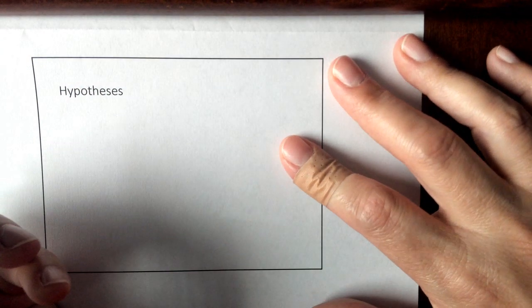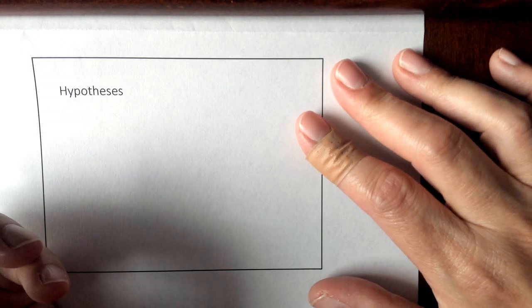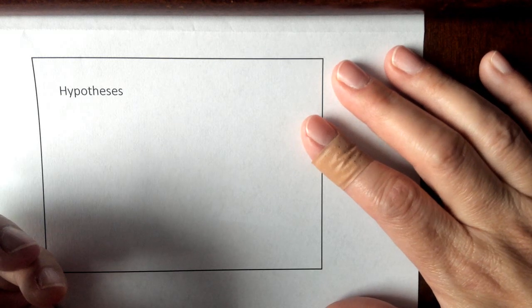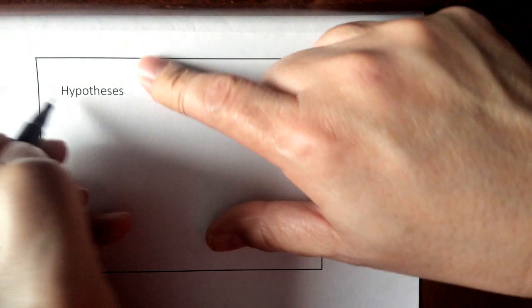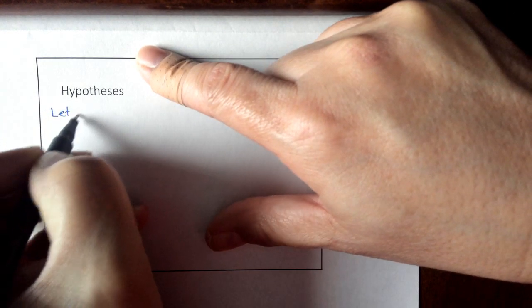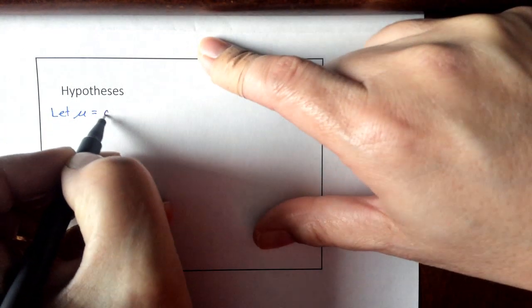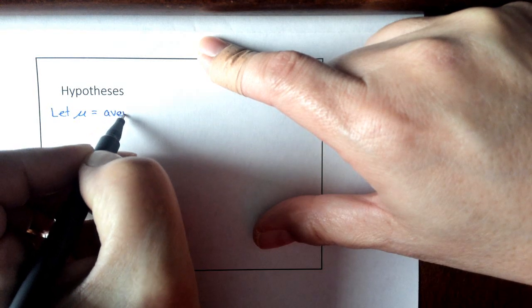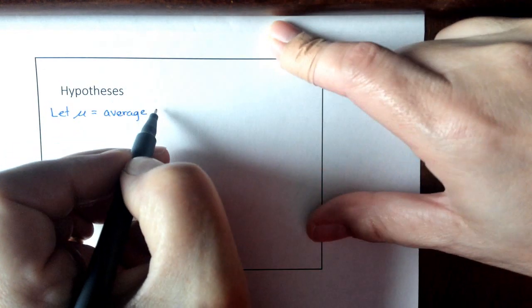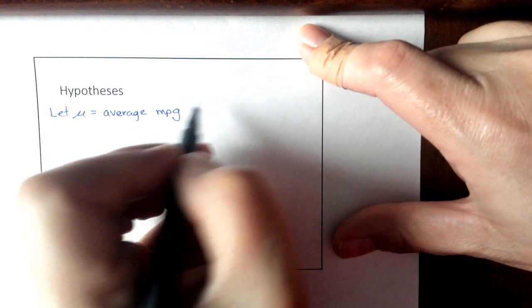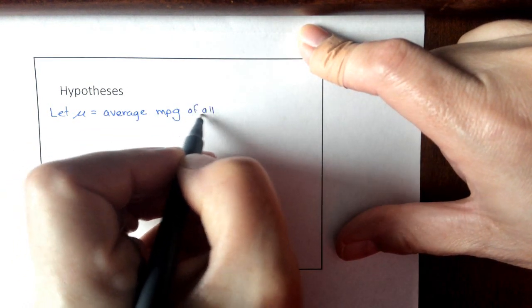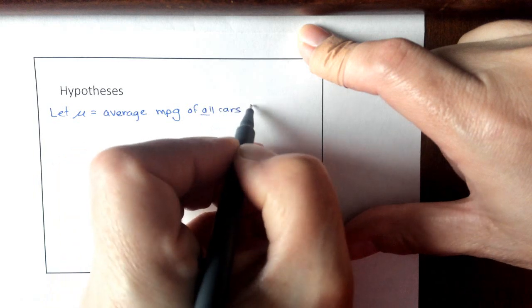Alright, so let's scroll down here to the hypotheses. First of all, we need to define our parameter. What are we measuring? We're measuring the mean or average fuel economy. So let mu equal the average miles per gallon of all cars in the fleet.